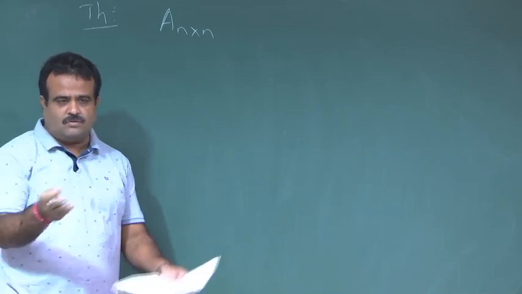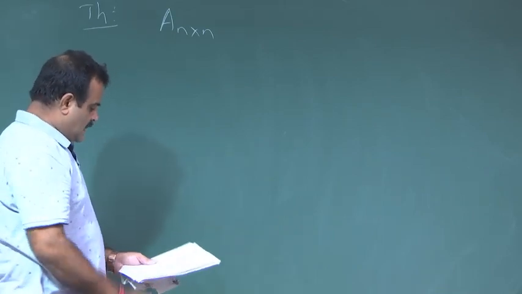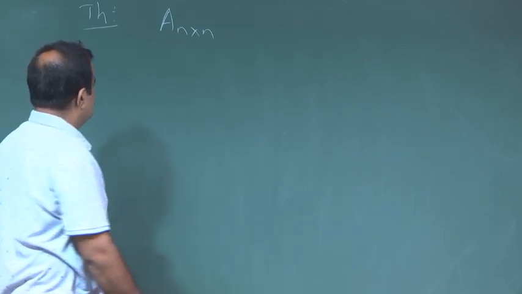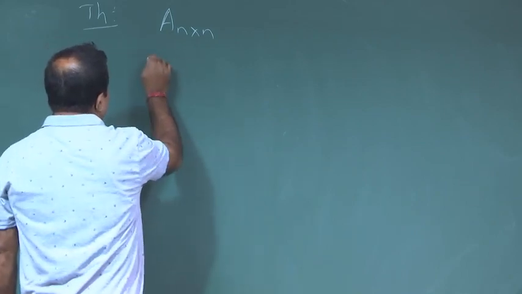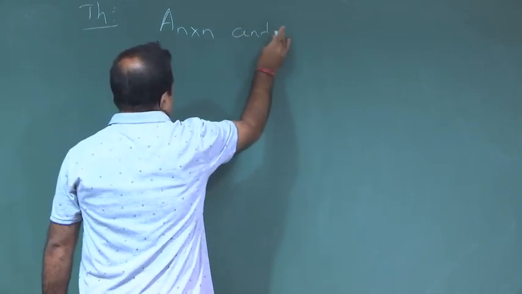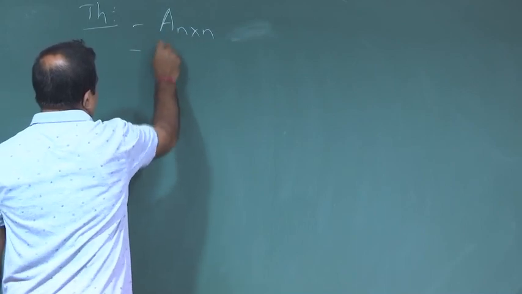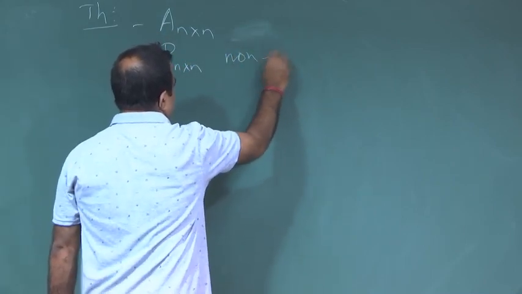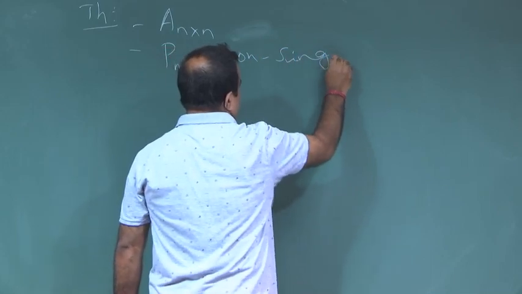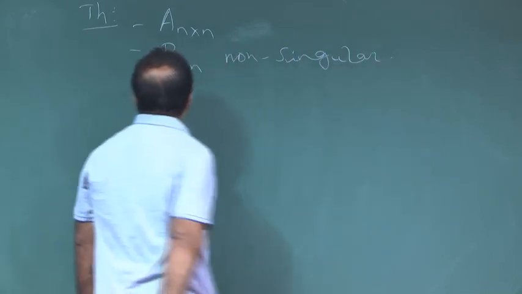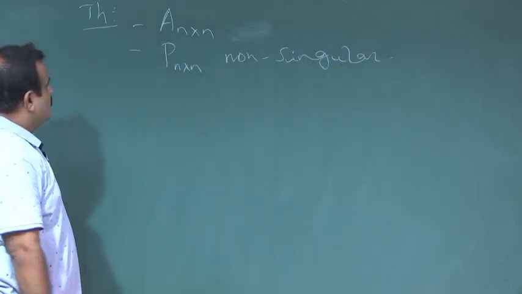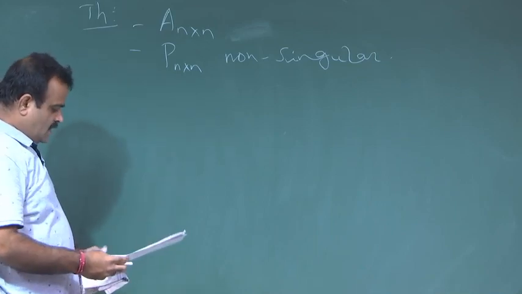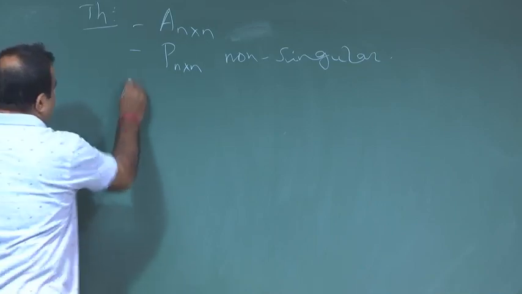We do not know anything about A, whether it is singular or non-singular. And we have a matrix P, which is a non-singular matrix. Then this theorem is telling that P inverse A P and A have the same eigenvalues.